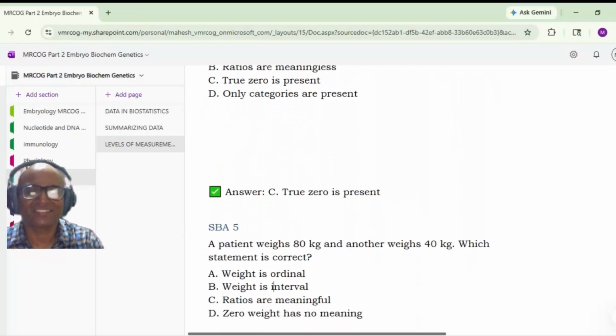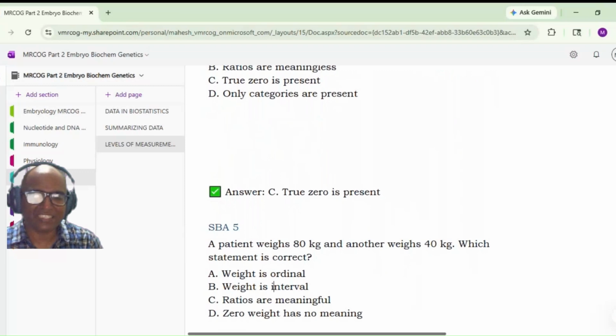Next. A patient weighs 80 kg and another weighs 40 kg. Which statement is correct? A. Weight is ordinal, B. Weight is interval, C. Ratios are meaningful, D. Zero weight has no meaning. Here, does the ratio have meaning or not? What type of data is it?